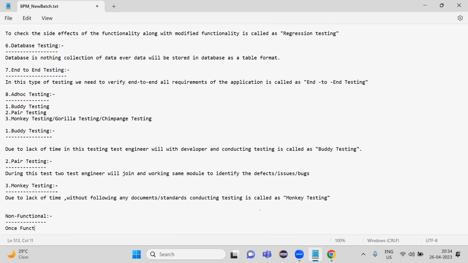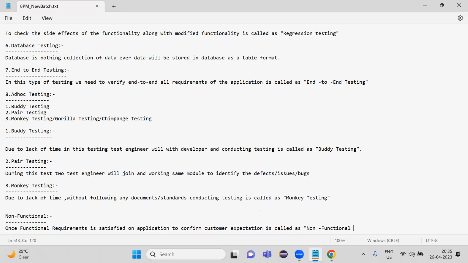Once functional requirements are satisfied, then only we go for non-functional testing, which confirms that the application satisfies customer expectations. Customer expectations are called non-functional.